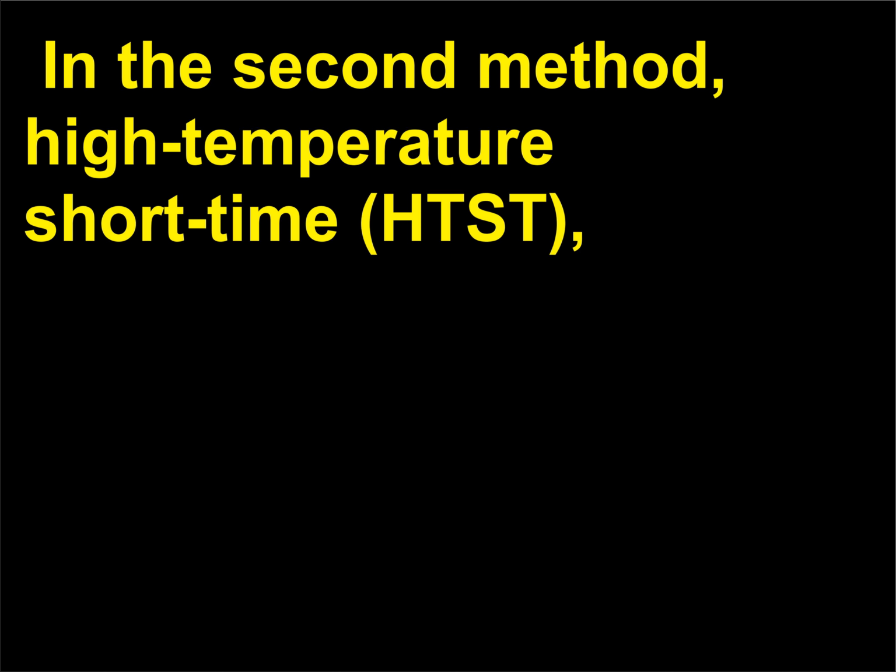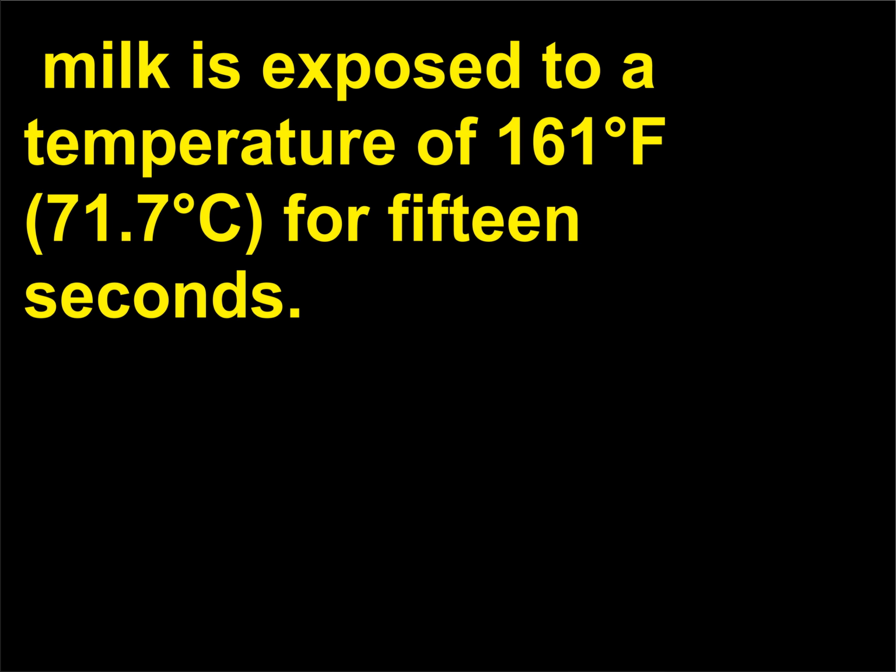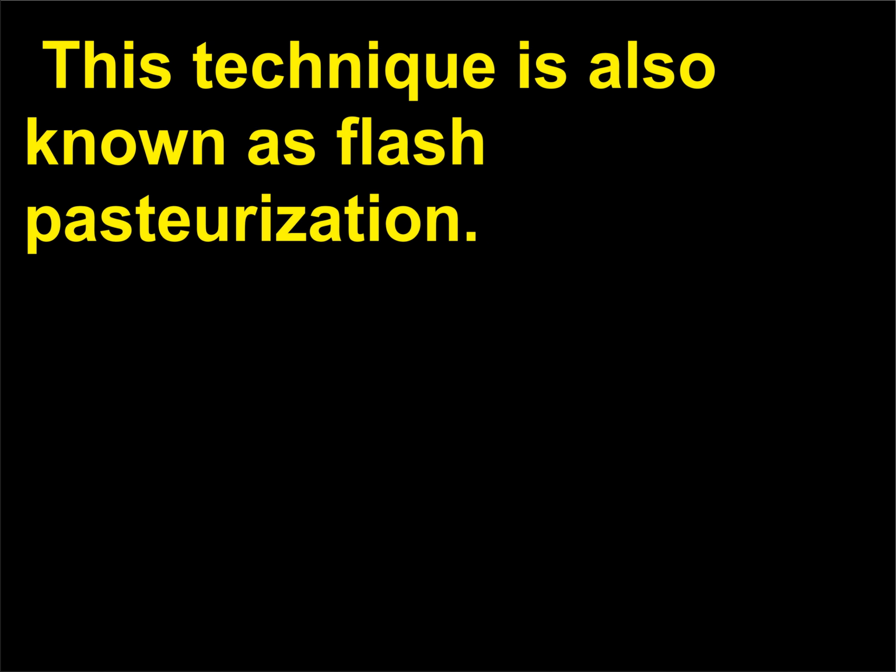In the second method, high temperature short time, HTST, milk is exposed to a temperature of 161 degrees Fahrenheit, 71.7 degrees Celsius, for 15 seconds. This technique is also known as flash pasteurization.